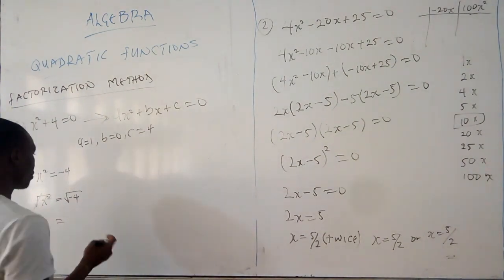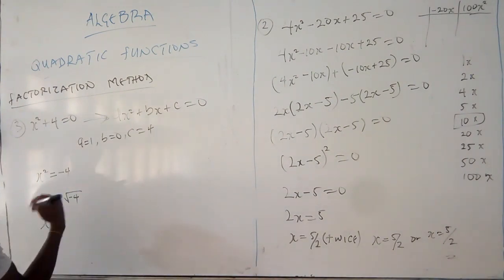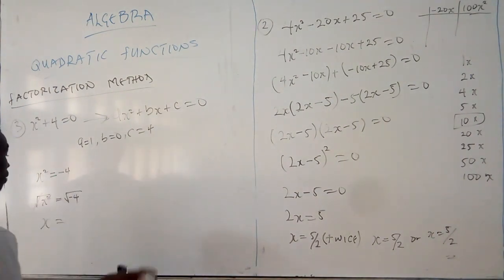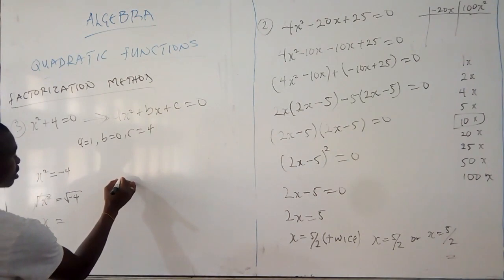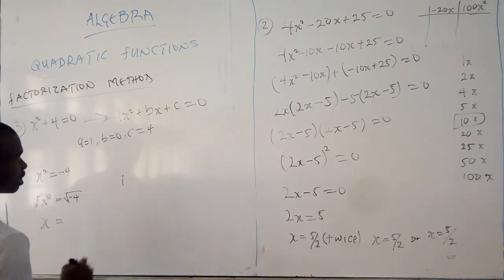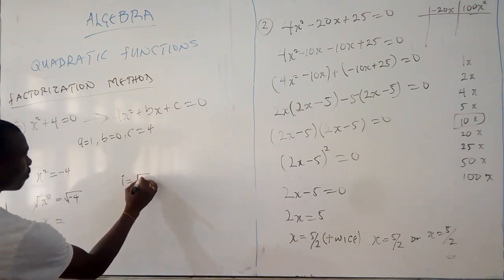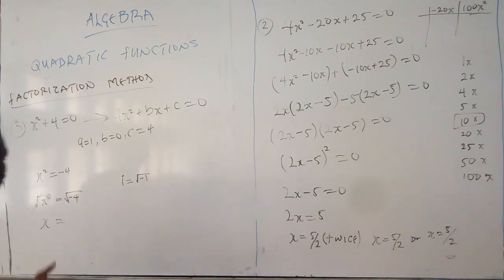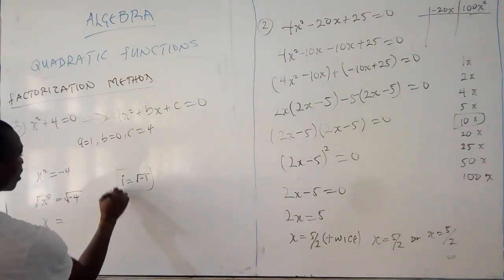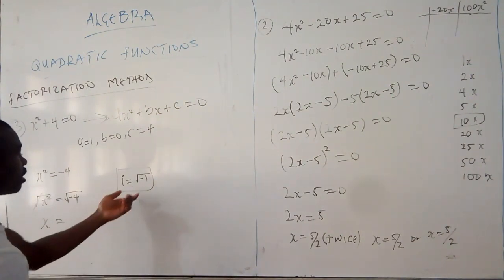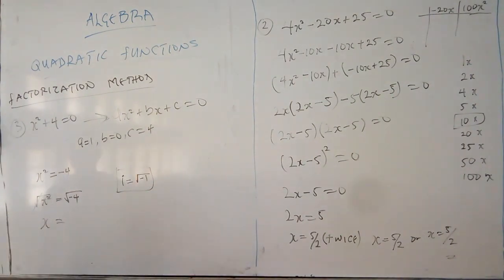But when you are dealing with complex numbers, there's this letter i called the imaginary number. It is equal to root of minus 1. To avoid having this kind of issue, a mathematician created this: i is equal to root of minus 1.